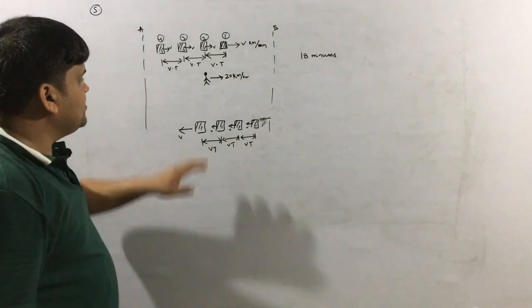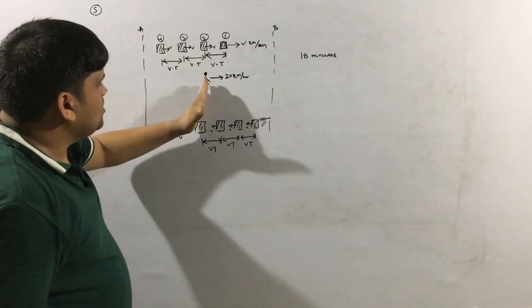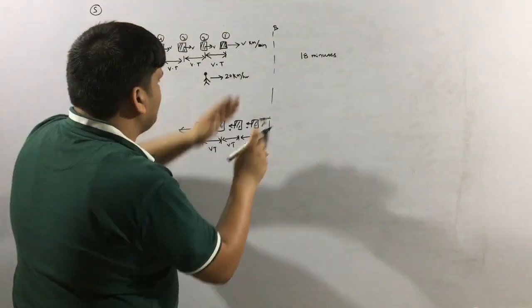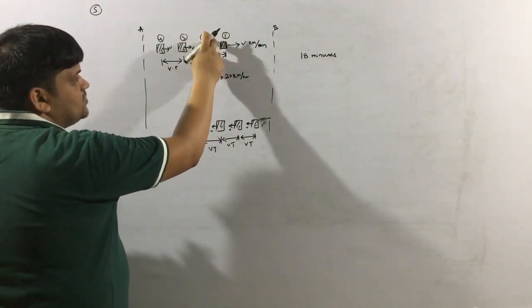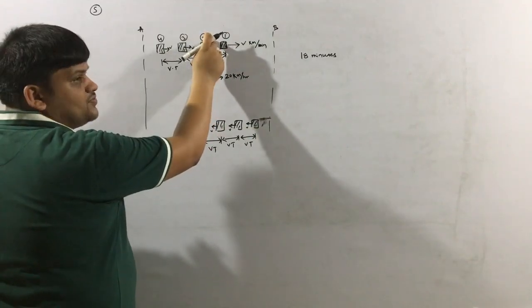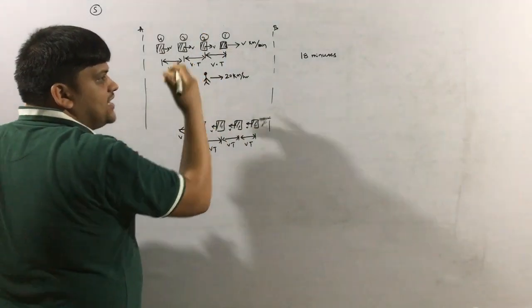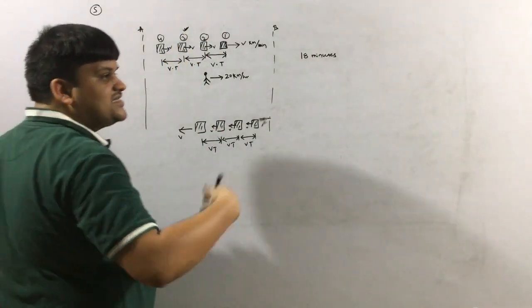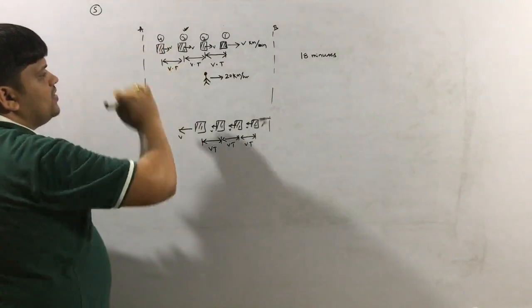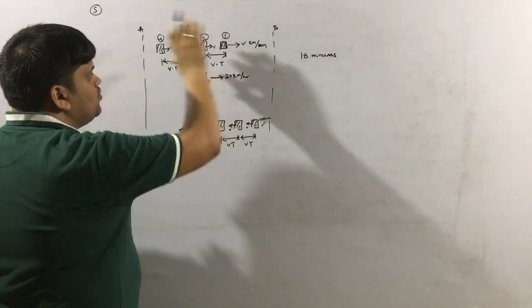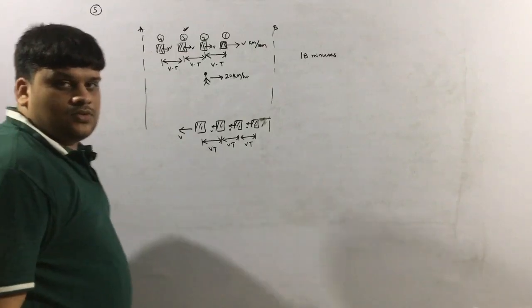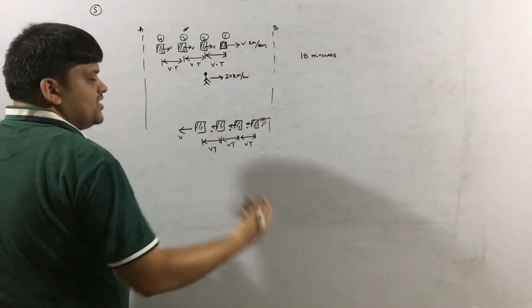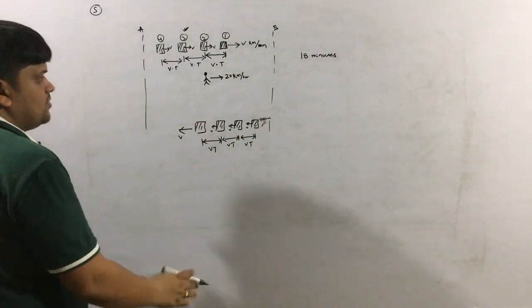It means if the cyclist meets the second bus here, then exactly after 18 minutes he will meet bus 3, and again exactly after 18 minutes he will meet bus 4. He is not standing, he is also moving, and the buses are also moving. Is this point clear? Another part is given, which you will come to in the second part.